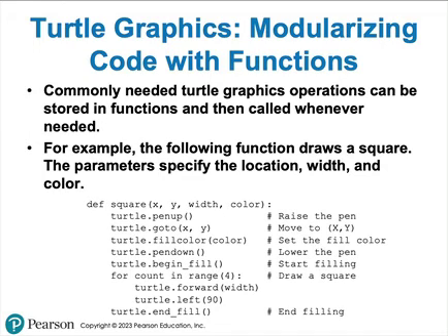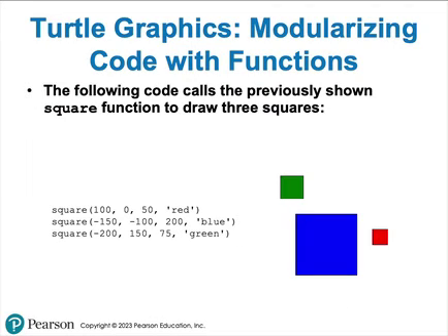It's giving an x and y coordinate of where to start, a width, and allowing you to specify a color of that square. That's the definition of the square function that they've written, again using the Turtle Graphics module.